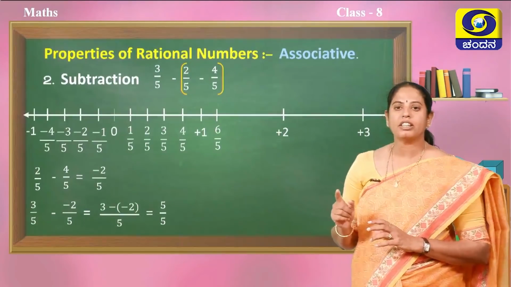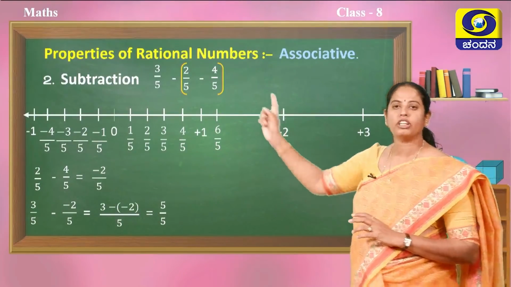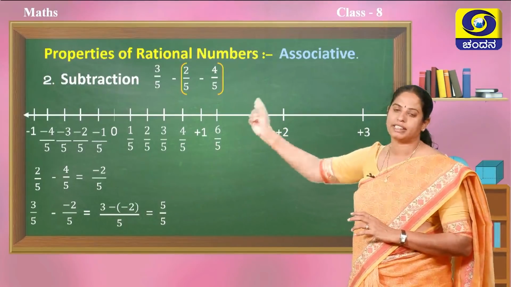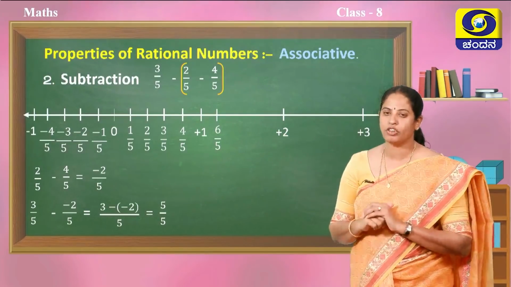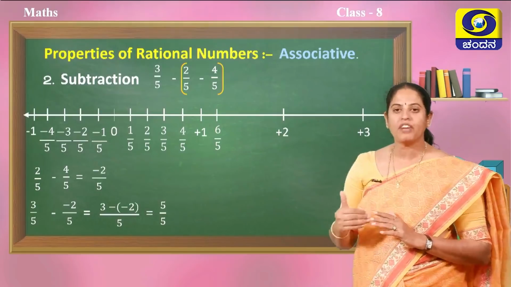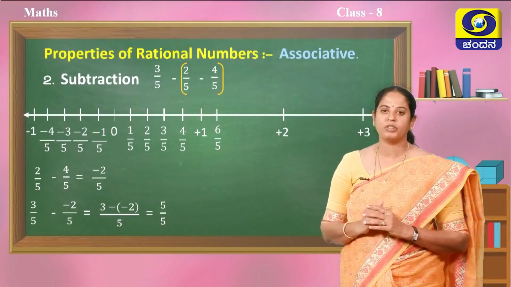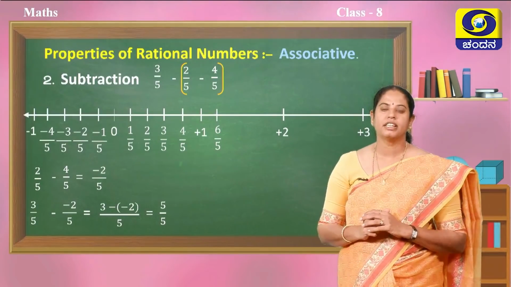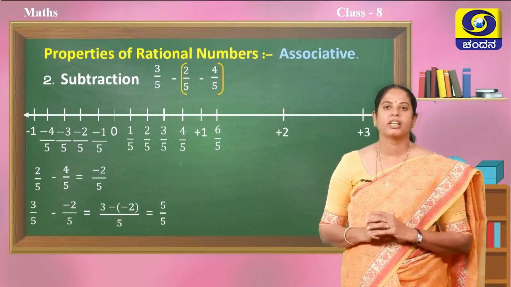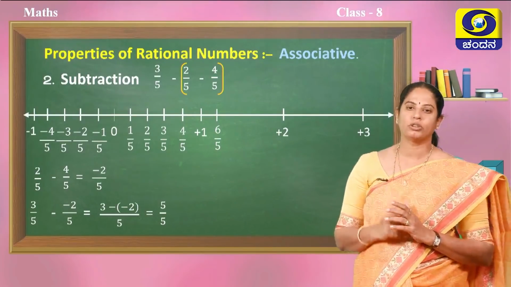When I group in a different way, now I am going to group the second 2 addends, that is 2 by 5 minus 4 by 5. I am going to subtract 4 by 5 from 2 by 5. Then the result is subtracted from 3 by 5. Observe what happens. So, first I am subtracting 4 by 5 from 2 by 5.